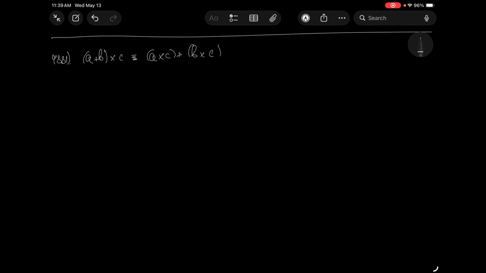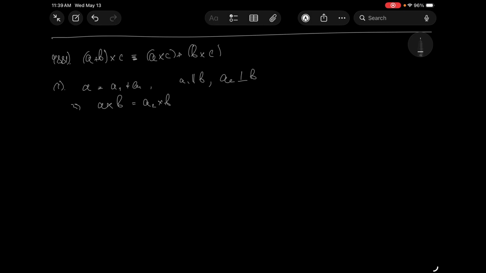Yesterday, in our previous problem, we proved that if we can decompose the vector A into two components, A1 plus A2, where A1 is collinear to vector B and A2 is orthogonal to vector B, then the cross product of A and B is essentially equivalent to the cross product of A2 and B, right?